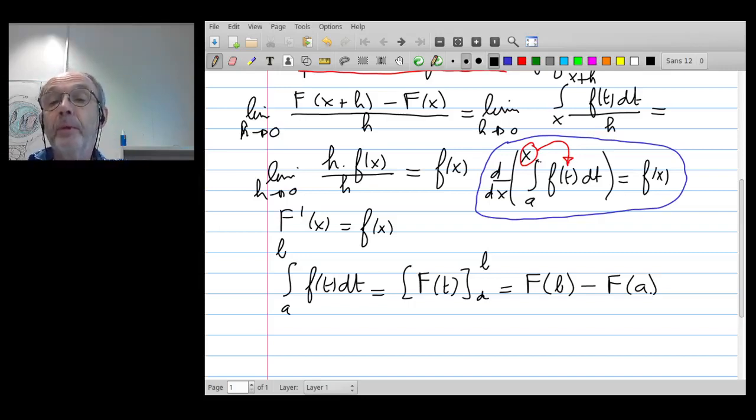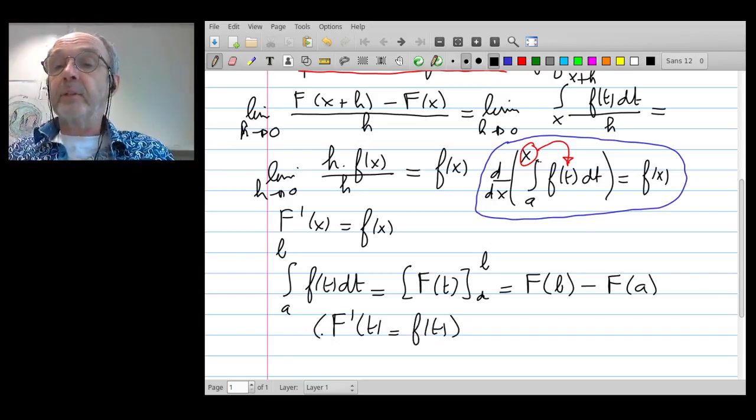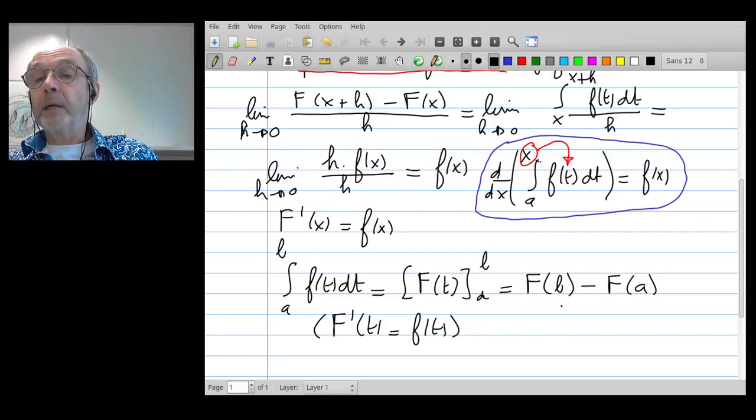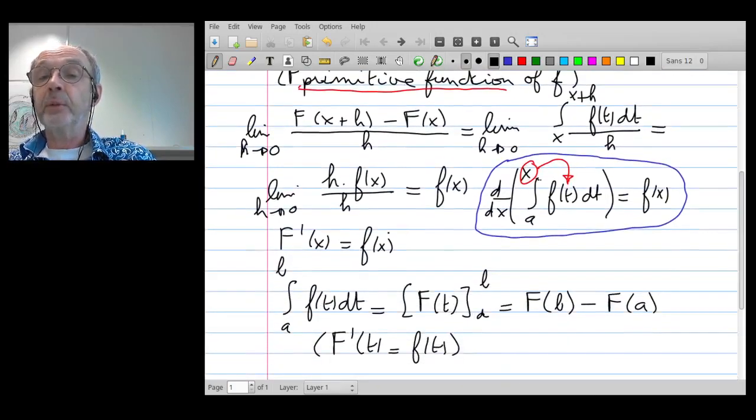So if you have a primitive function, and your derivative is equal to f(t), then you can fill in those boundaries, and you get the value of the upper boundary minus the value of the lower boundary. And this only works, as I have already said to you, if f is continuous.